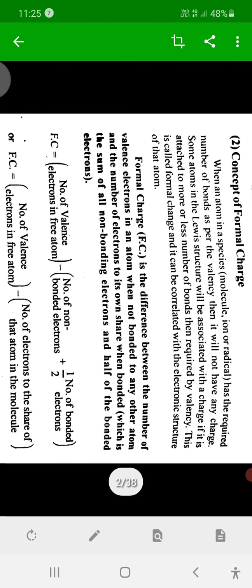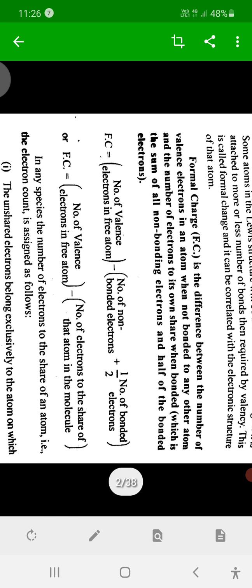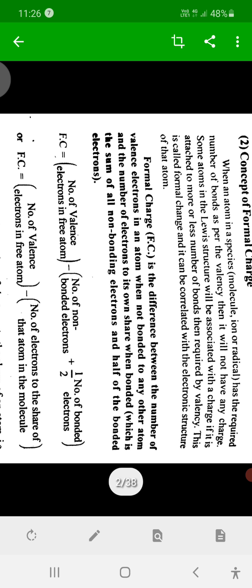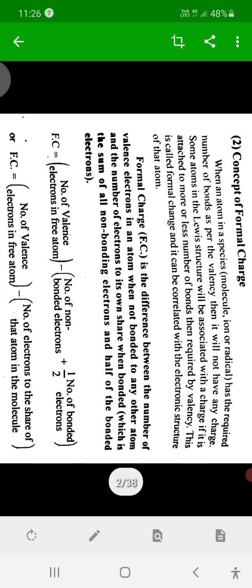Then the next concept is the concept of formal charge on atoms in molecules or ions. In many molecules, atoms carry 0 formal charge, but in some molecules or in some ions, some of the atoms carry some positive or negative charge, which is known as formal charge.